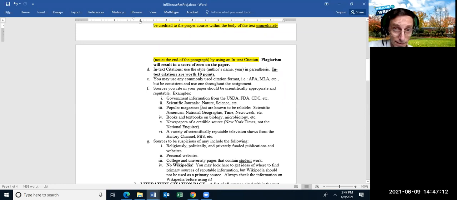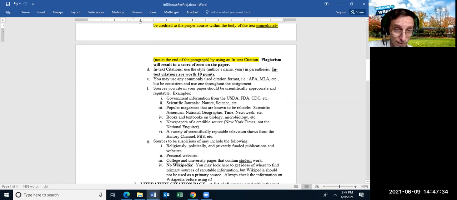scientific magazine, science books and textbooks, newspapers from a credible source, and then a variety of scientific reputable television shows or websites.